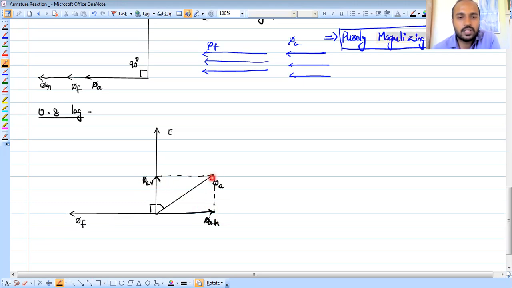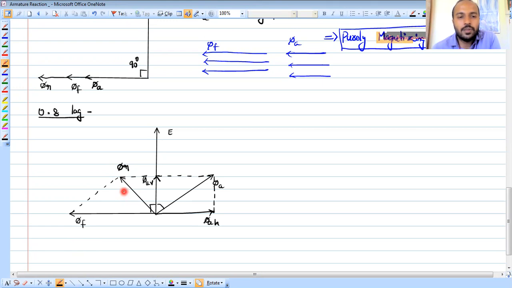Sum of these two fluxes is the armature flux. So what will be the resultant flux here? If you add phi A and phi F, this will be our resultant flux, right? This is the resultant flux phi R.